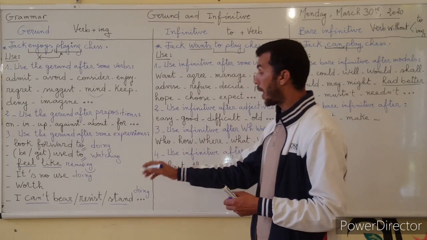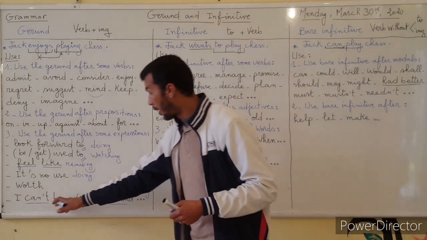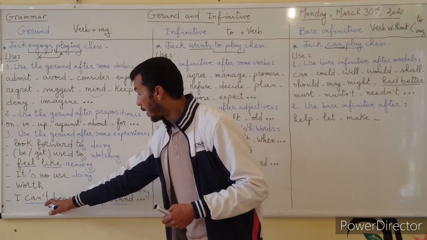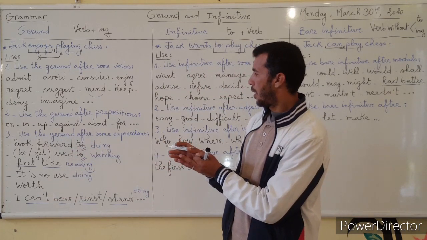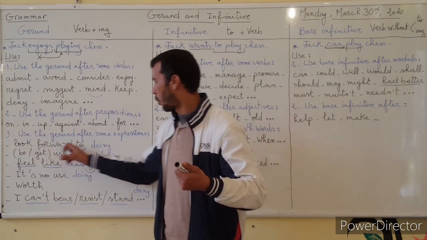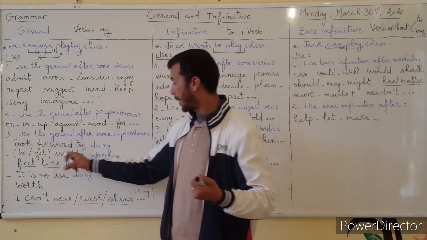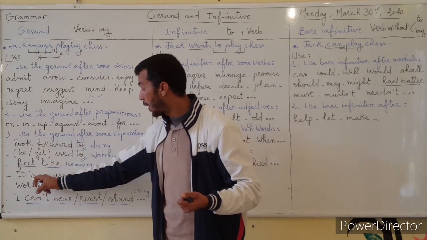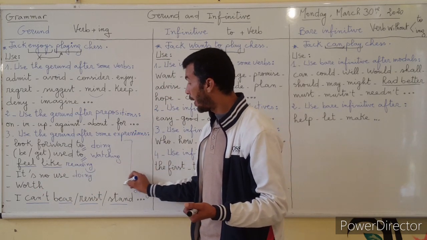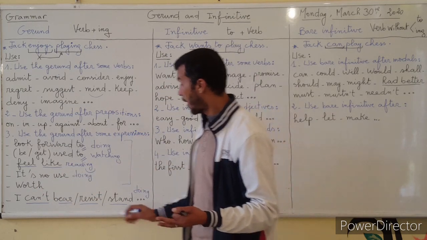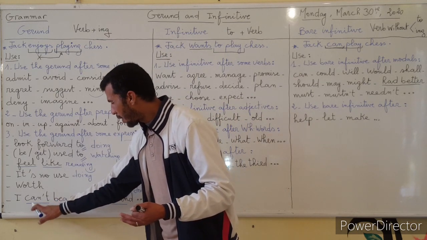But I have to go back to something that I mentioned before. For example, to memorize this, I think you have to remember first, look forward to, be or get used to, feel like, it's no use, worth, for example, because these are very common in national exams. But let me go back to this one.